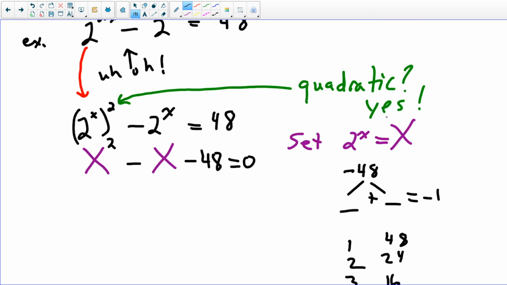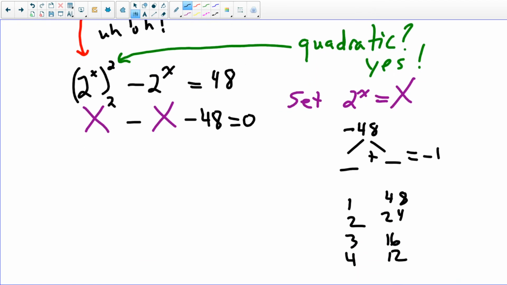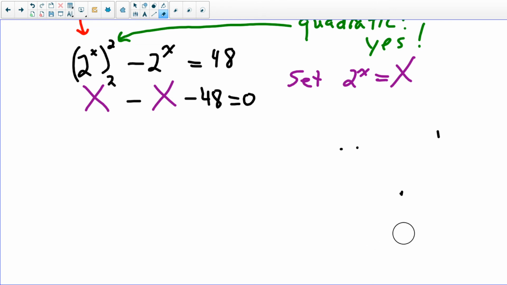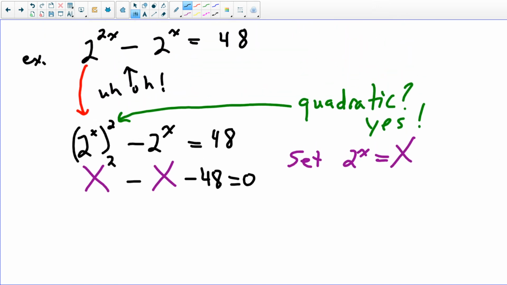What could we change the 48 to make it factorable with a -1 in the middle? I'm just going to change it on the fly here. 42. This was 6 times 7, right?